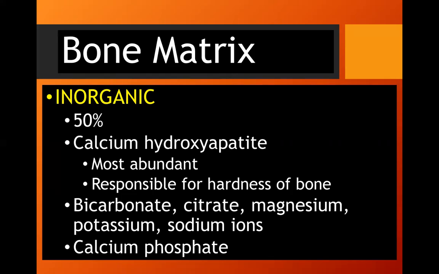But it's not just the calcium hydroxyapatite; there are also ions such as bicarbonate, citrate, magnesium, sodium, potassium ions, and also calcium phosphate. But the most abundant inorganic bone matrix, if asked in the examination, would be the calcium hydroxyapatite.